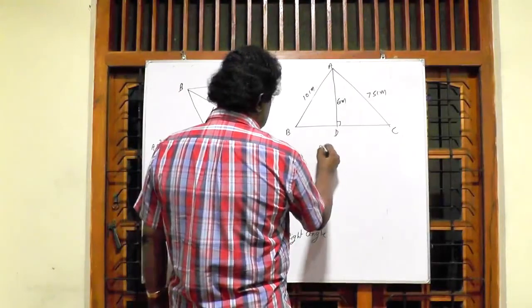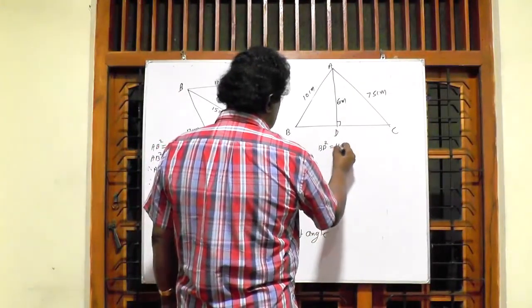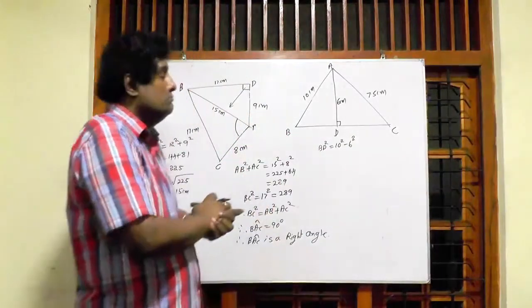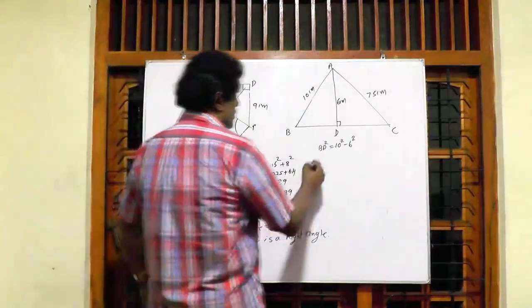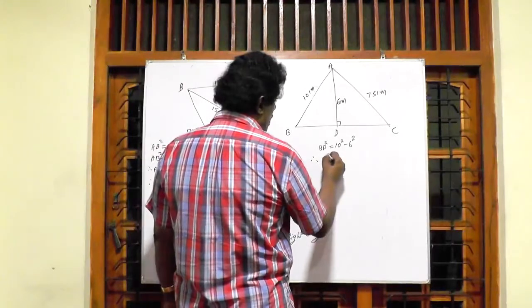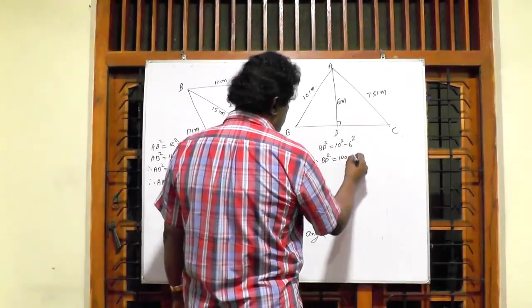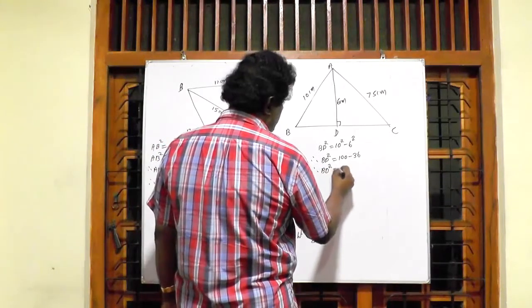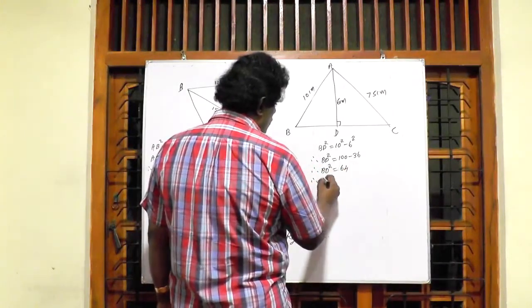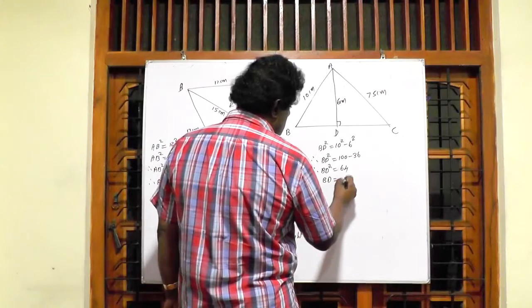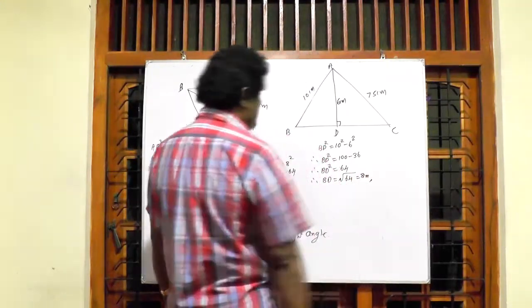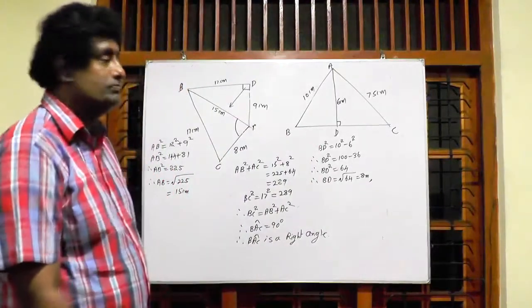BD squared equals 10 squared minus 6 squared. Do you agree with me? Right. Therefore, BD squared equals 100 minus 36. Therefore, BD squared equals 64. Therefore, BD equals the square root of 64, that is 8 centimeter. That is the length of BD.